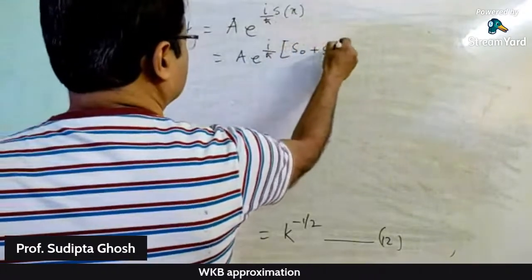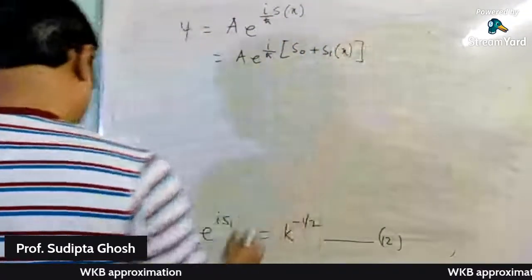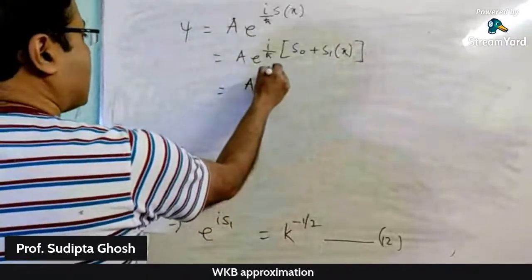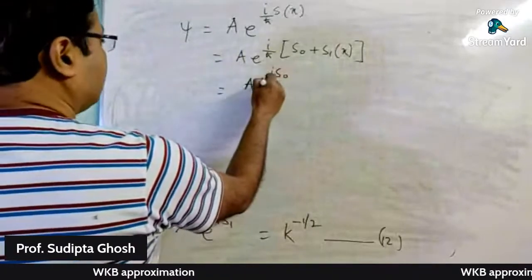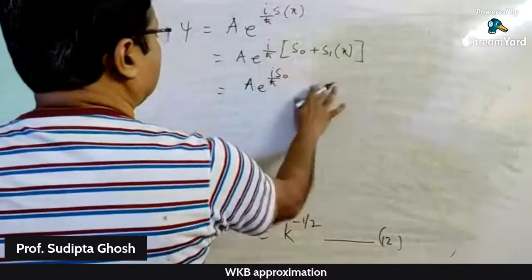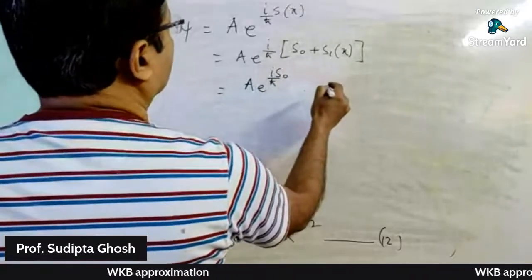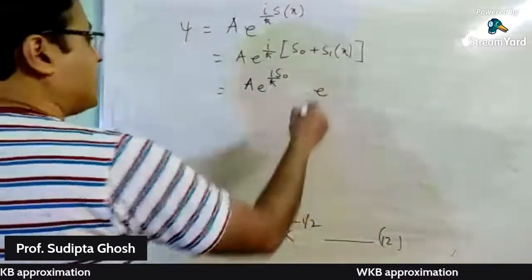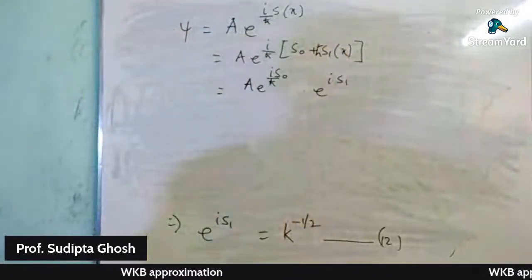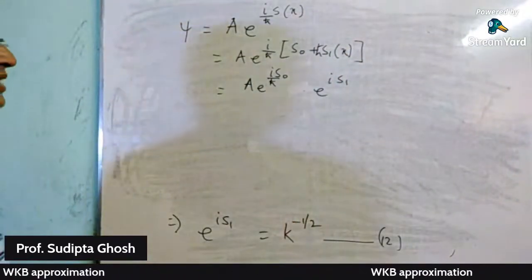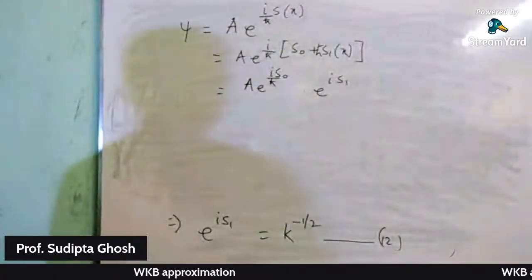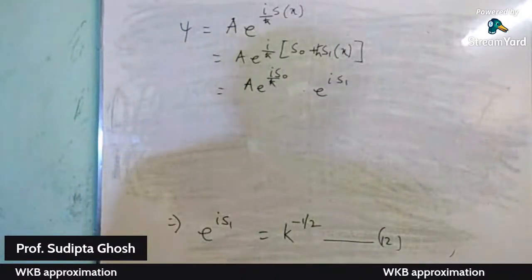I can expand it as S0 plus S1(x), or it will be A e to the power i by h-cut S0 times e to the power i S1.